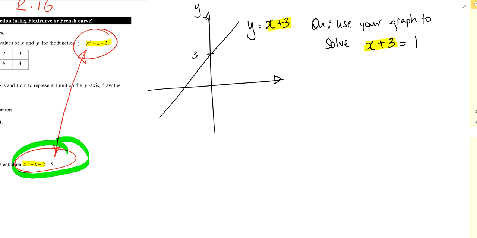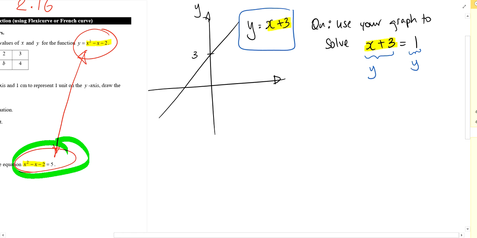So in this case, we equate this portion to be y, because this is the graph that we already have. So y equals x plus 3, that is one of it. On the other side, this must also be equal to y. So one way to write all these is that y equals x plus 3, which is at the same time equal to 1.